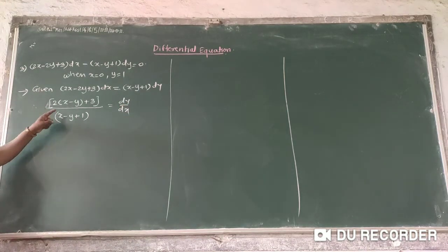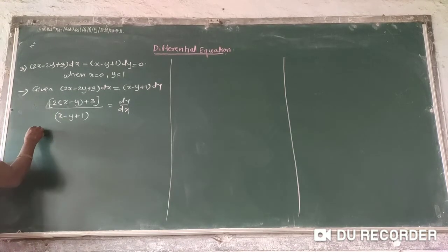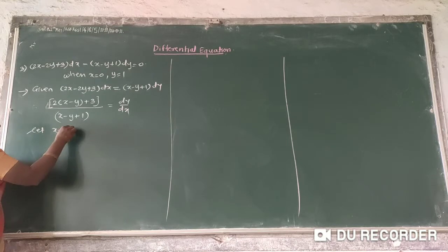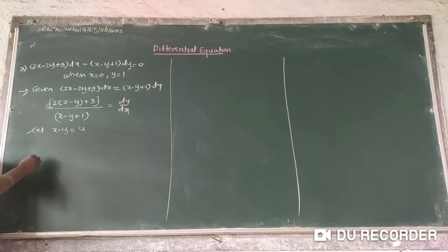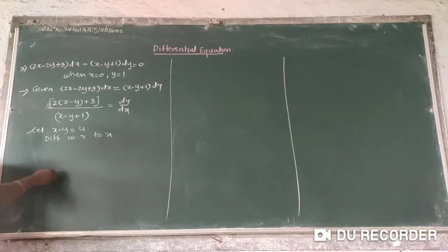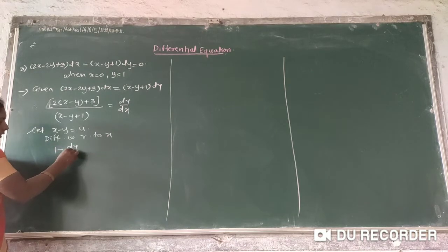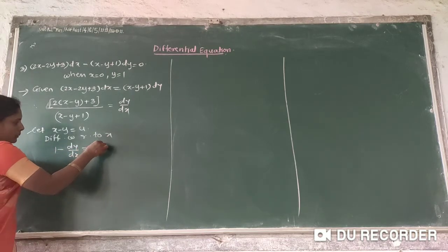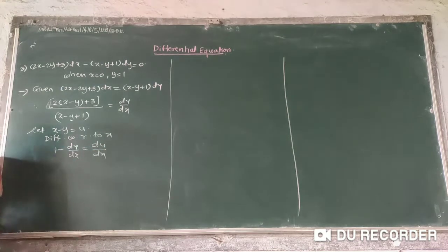And observe that both the numerator and denominator contain the term x minus y, and put for this as u. Let x minus y equal to u. Differentiate this with respect to x, we get derivative of x is 1 minus dy by dx is equal to du by dx.